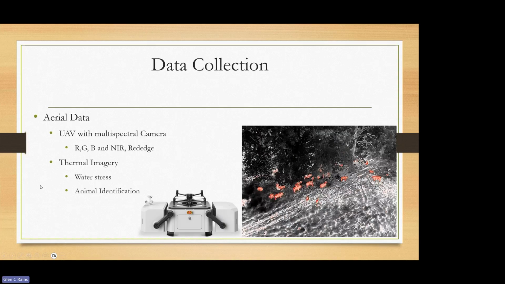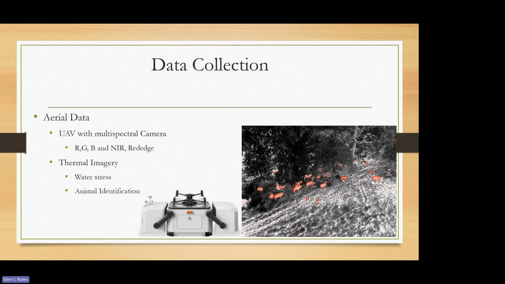Our aerial data system, we're actually using 2 drones. One we manually fly. It has a multispectral camera, which means it has 5 basically lenses on it, and each one filters out all wavelengths except one wavelength, or a narrow band.